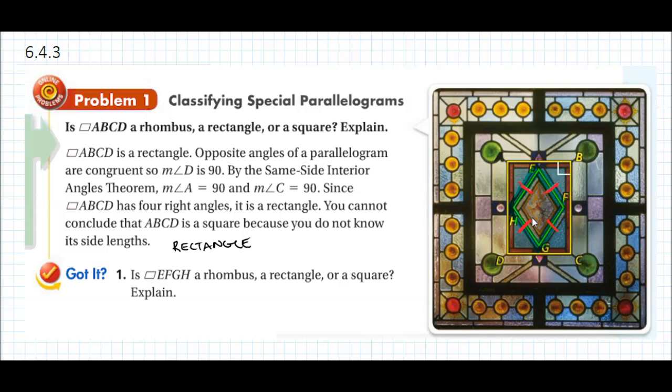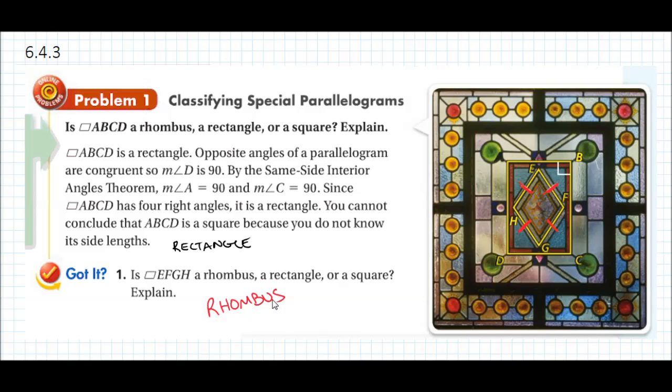So we know all four sides are congruent. Since we cannot tell what the angle of H, E, or F may be, or G for that matter, the only thing we know for certain is that the parallelogram is a rhombus.